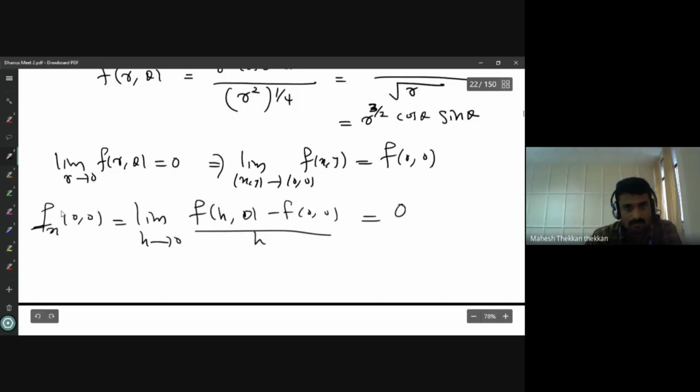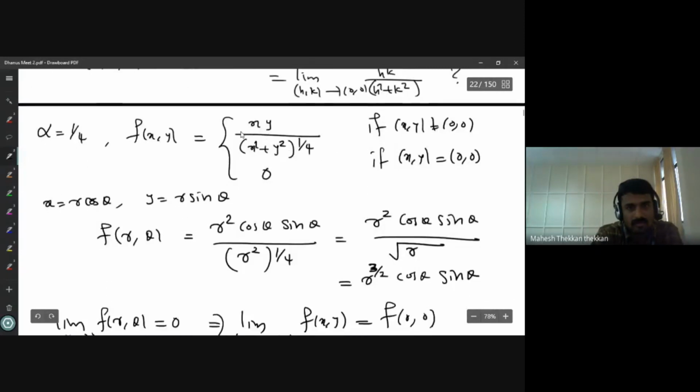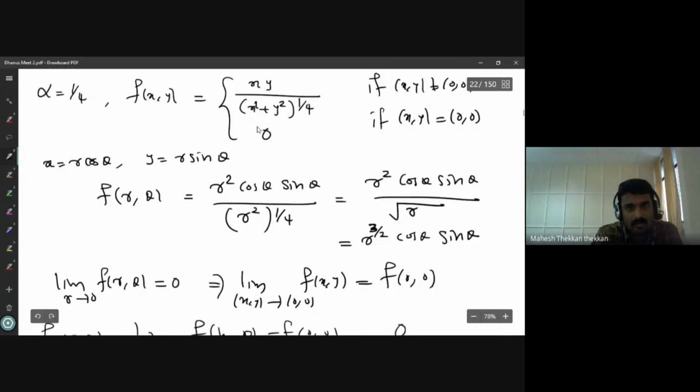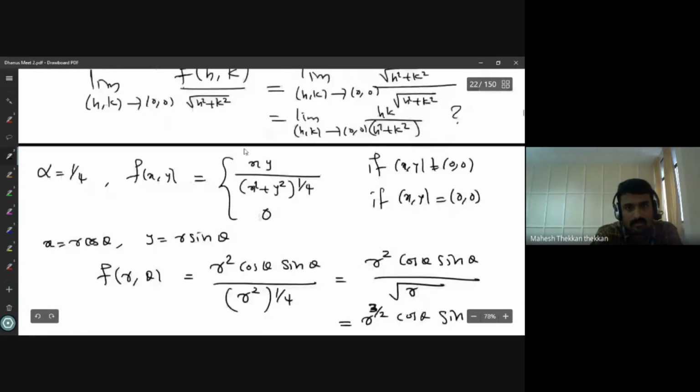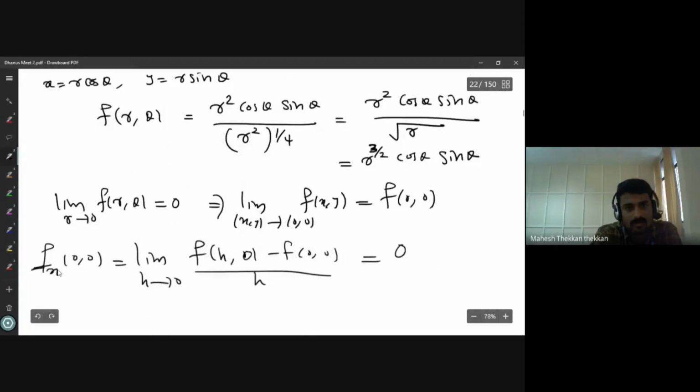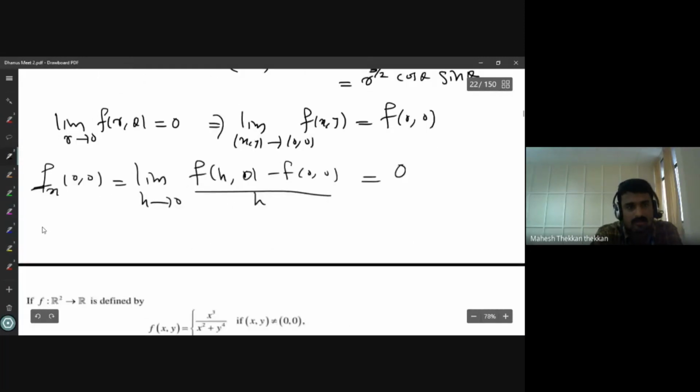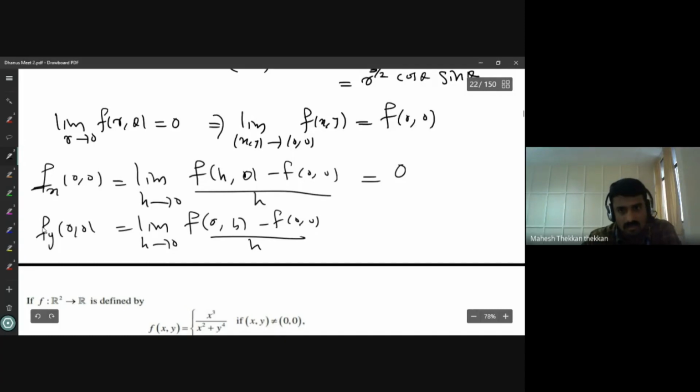That is 0, correct? As in the same case, you substitute here x is h and y is 0, right? So the numerator will turn out to be 0. So fx at 0, 0 is 0. Similarly, fy at 0, 0 is also 0. Fy at 0, 0 is again limit h tending to 0, f of 0, h minus f of 0, 0 by h. That is again 0.